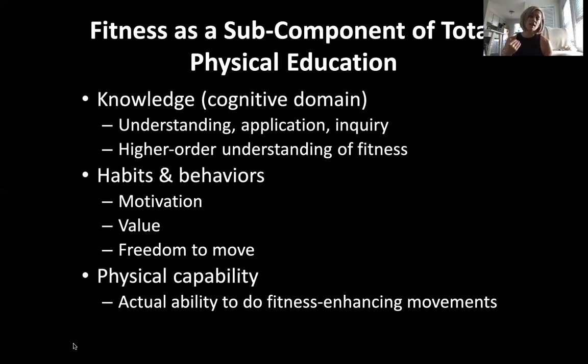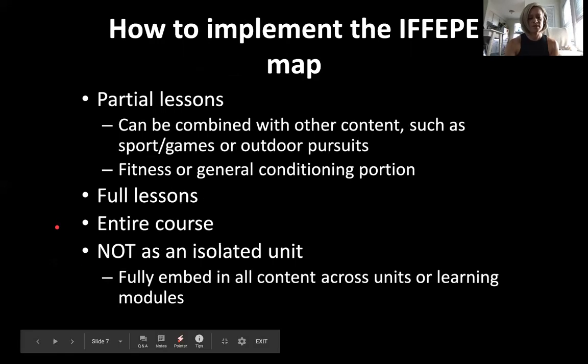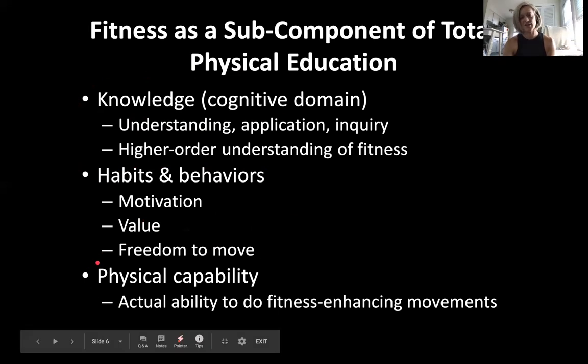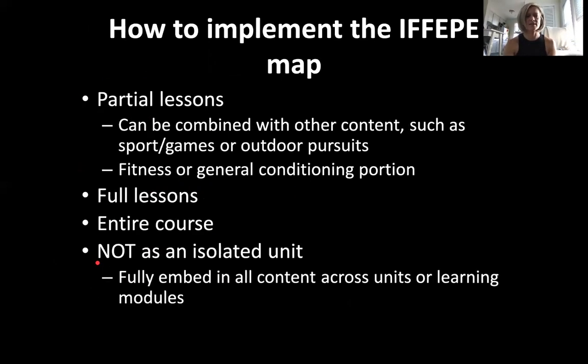It definitely hits on habits and behaviors, so that falls into more of our psychological categories, motivation, valuing freedom, feeling expressive, that's very affective. And then the physical capabilities, so that's their actual ability to do these movements with safety and technical proficiency. So again, if you look at this screen right here, knowledge is our standard number 2, habits and behaviors 3 or 4 and 5, and physical capacity, that's straight up standard 1. And of course, we're talking about fitness.